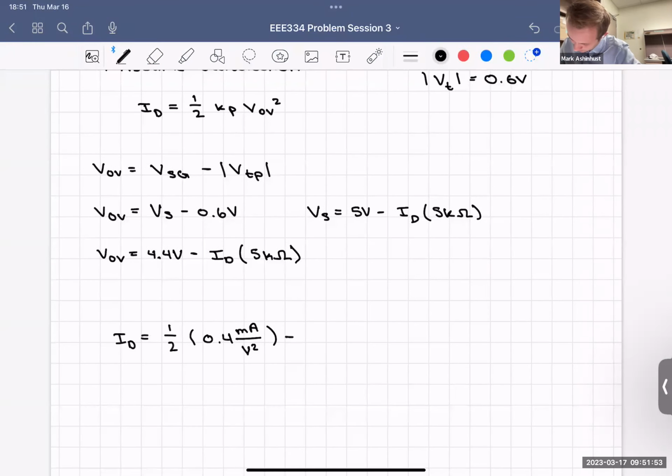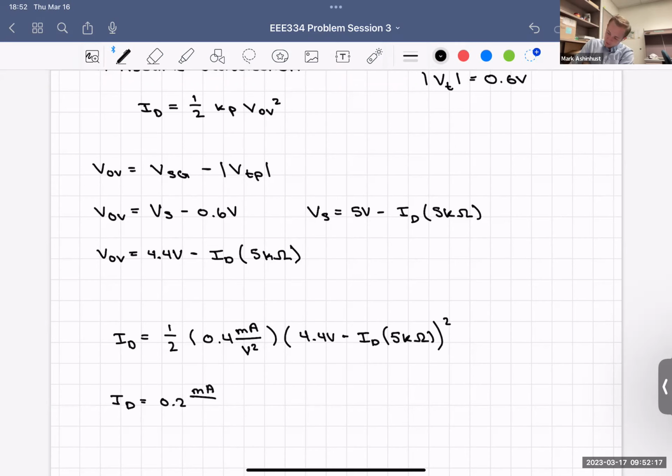And then we'll have times VOV squared, which is 4.4 volts minus ID times 5 kilo ohms, squared. Very cool. So then we get ID equals 0.2 milliamps per volt squared.